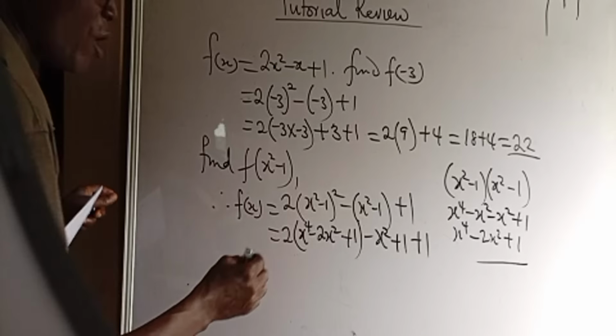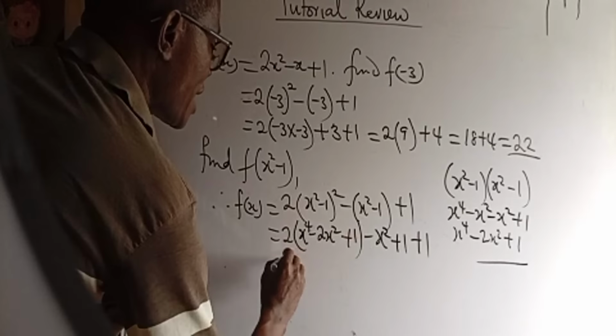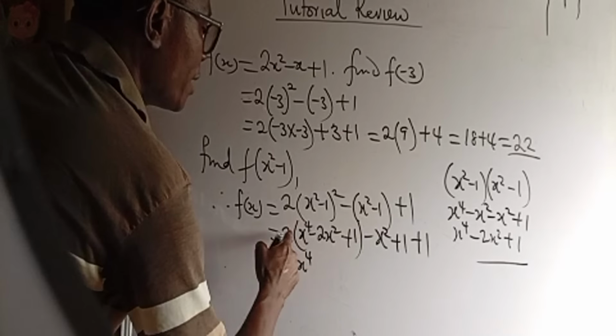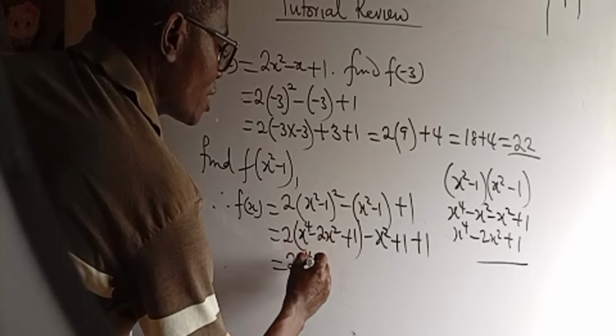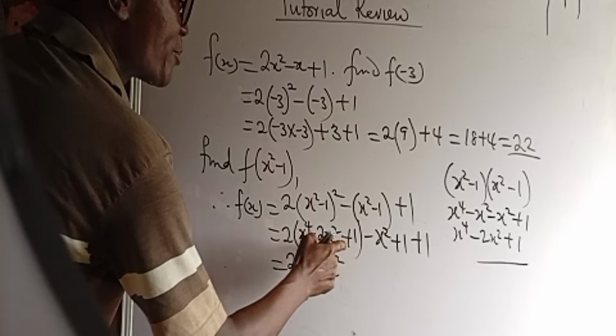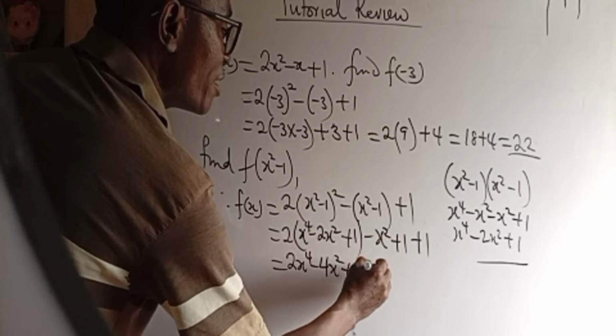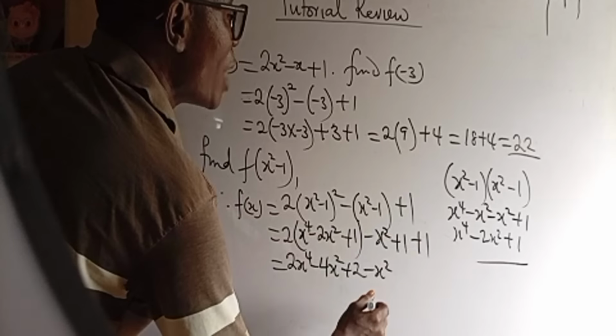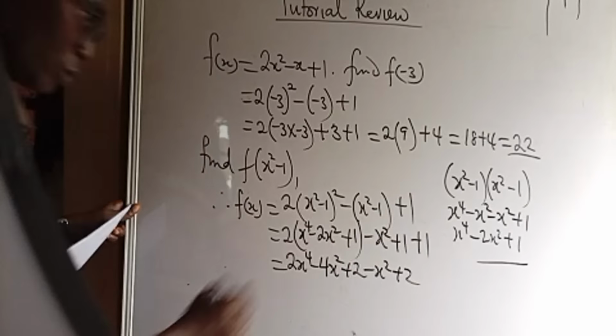So let's go on now. Let's open the bracket. 2x raised to power 4. Then 2 times minus 2x squared is minus 4x squared. Then 2 times plus 1 is plus 2. Then minus x squared, plus 1, plus 1, what is that? Plus 2.